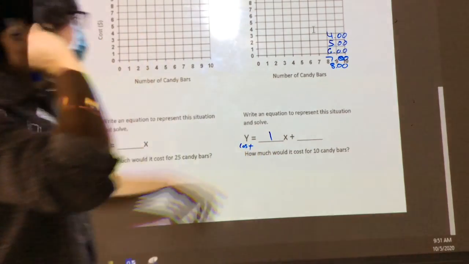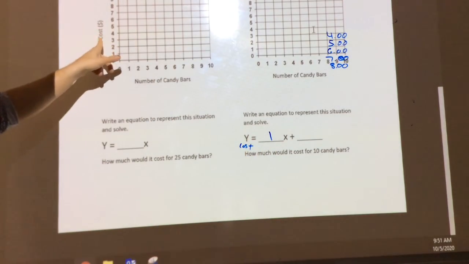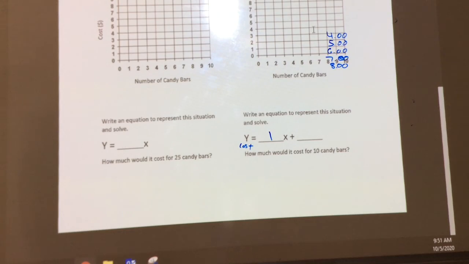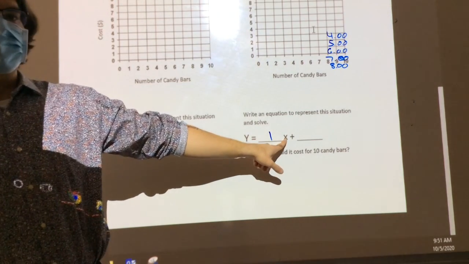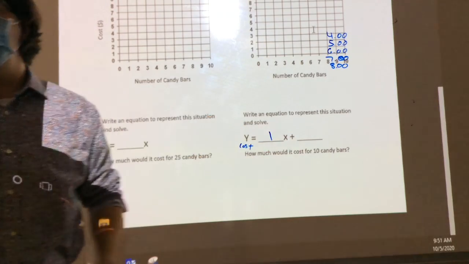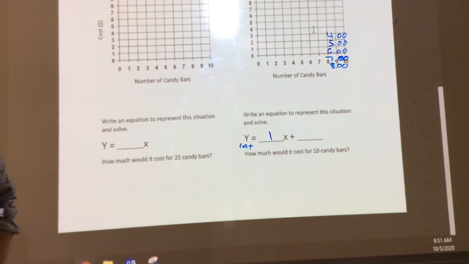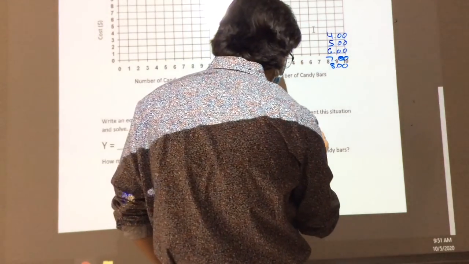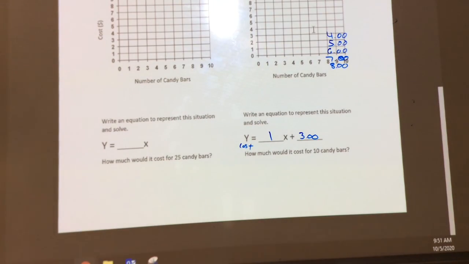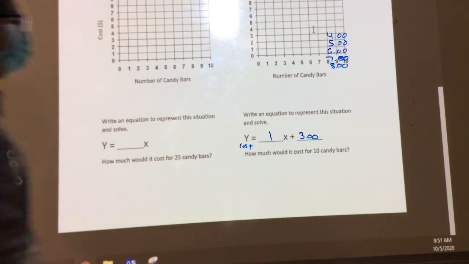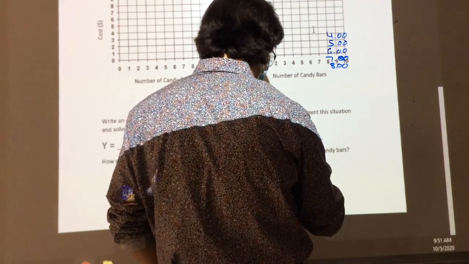Is everybody okay with that? And then x is the number of candy bars. So it's 1 times the number of candy bars plus what? What do I have to go back in and add to that? $3, because I can't just get rid of that shipping and handling. So y is the cost, x is the candy bars.